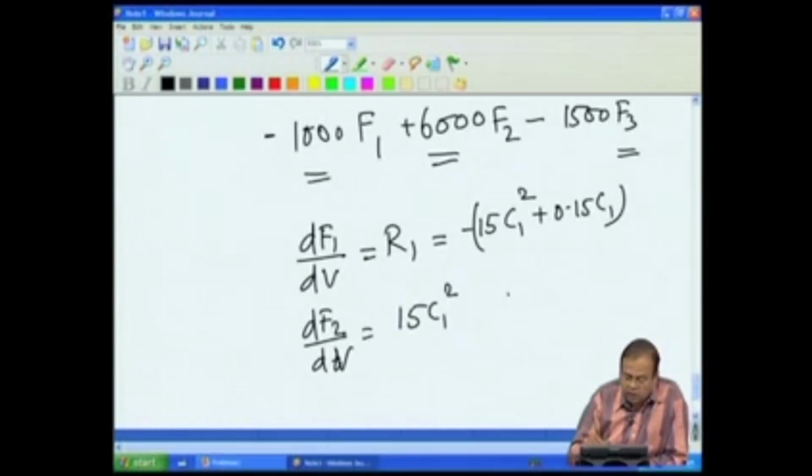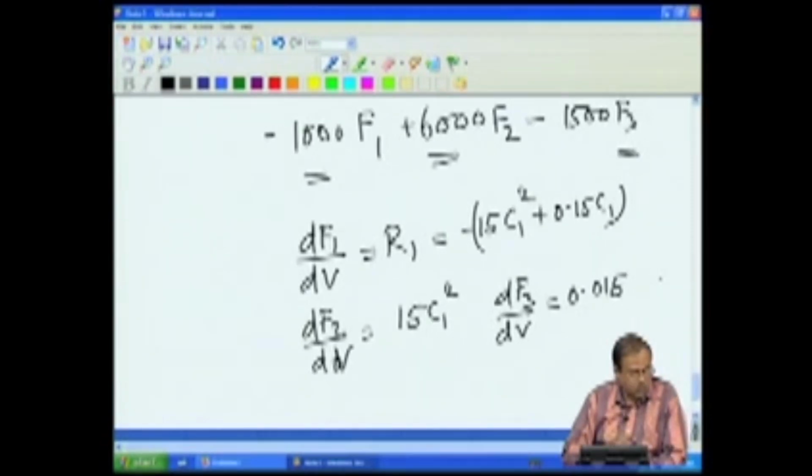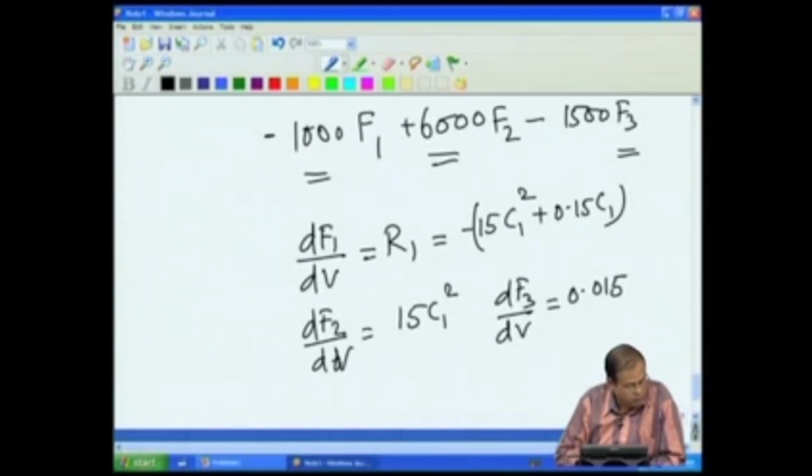So, we are just writing the mole balances for 3 species, okay. Mole balances for 3 species.